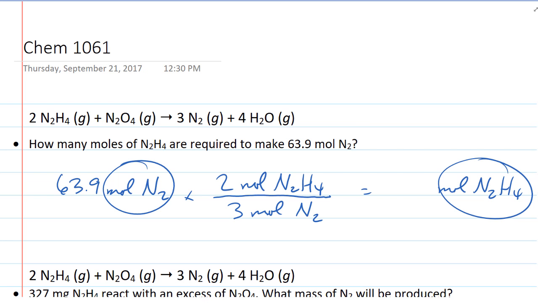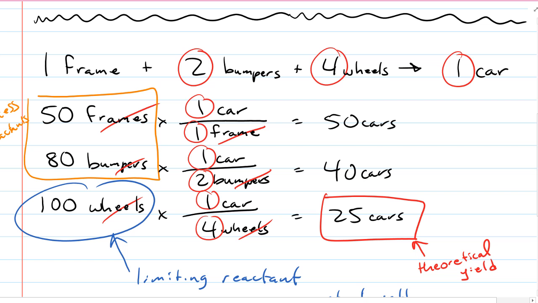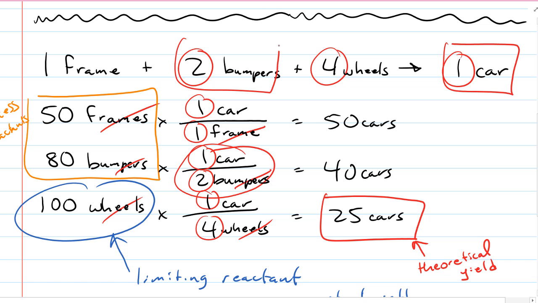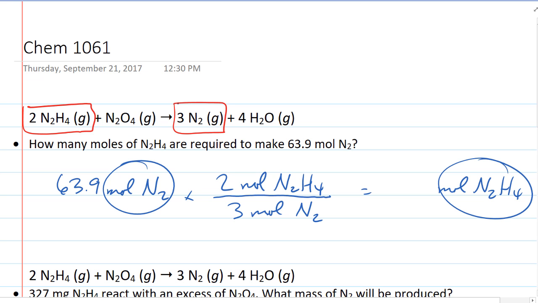In other words, we compared this value and this value right here. Just like when we did the example in class on Tuesday, if we wanted a relationship between cars and bumpers, we said that for every 1 car we have 2 bumpers. So here, for every 3 moles of N2, we have 2 moles of the N2H4, and these numbers come from the coefficients in that balanced chemical equation.